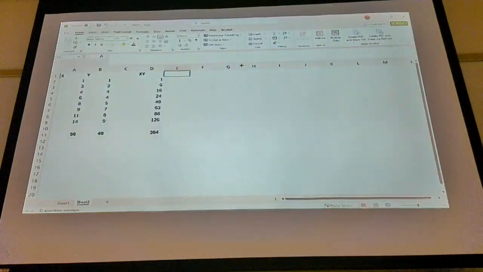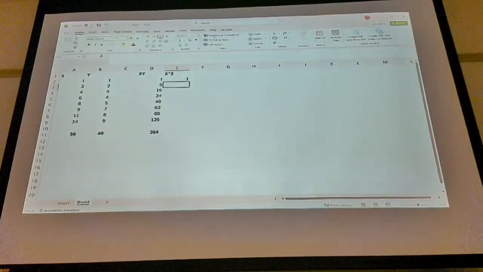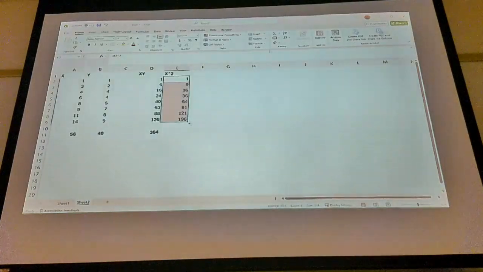We're also going to need a sum of x squareds. So I'll create a column for x squared. All right, so equals A2, caret 2, enter. And again, then just drag and drop.